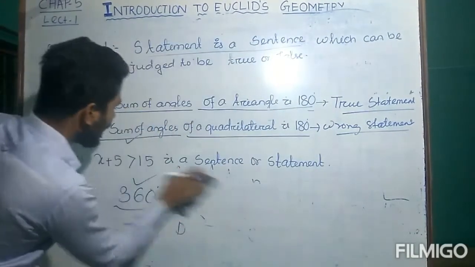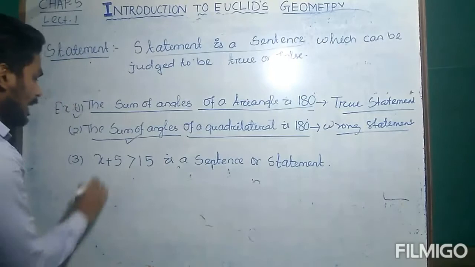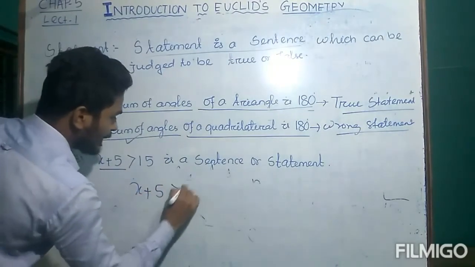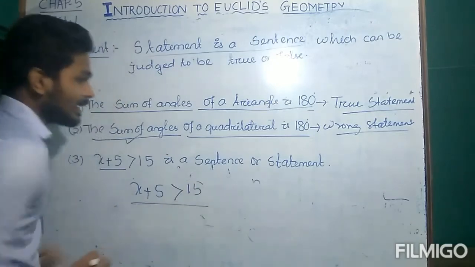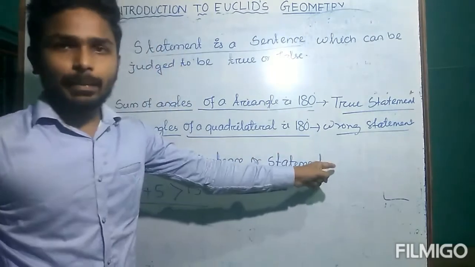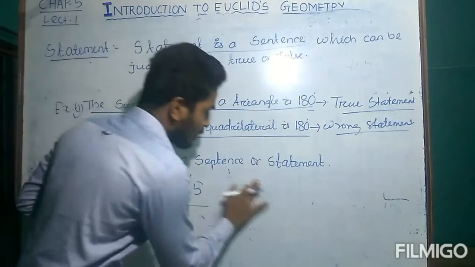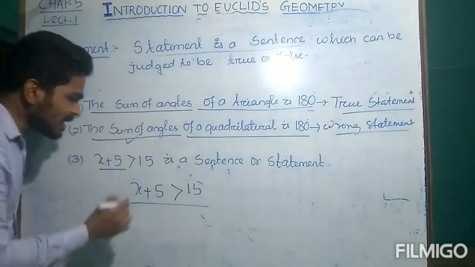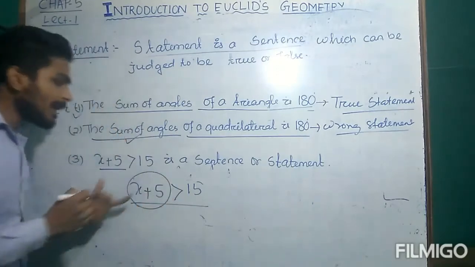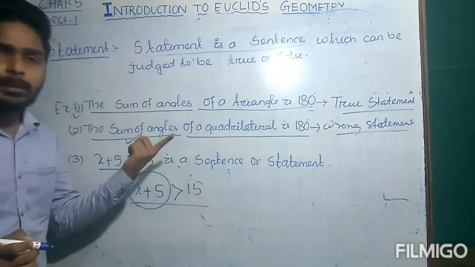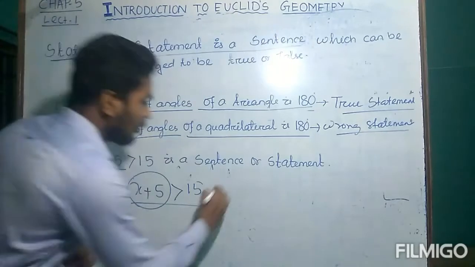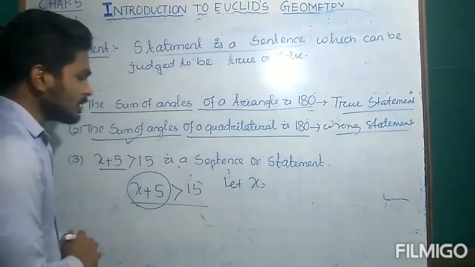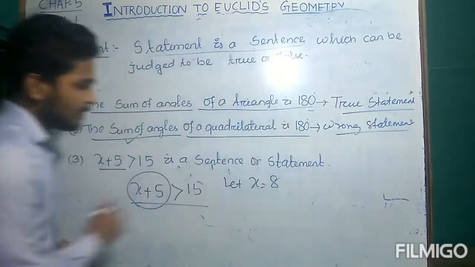So, coming to the third example: x plus 5 is greater than 15. Is it a sentence or a statement? We have to justify it. Is it possible that the value of x plus 5 is always greater than 15? Let us verify. Suppose I choose x to be 8.